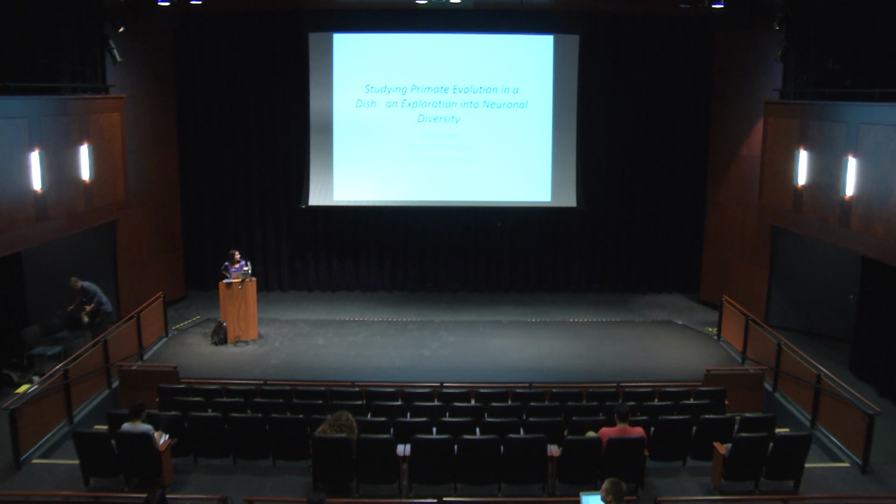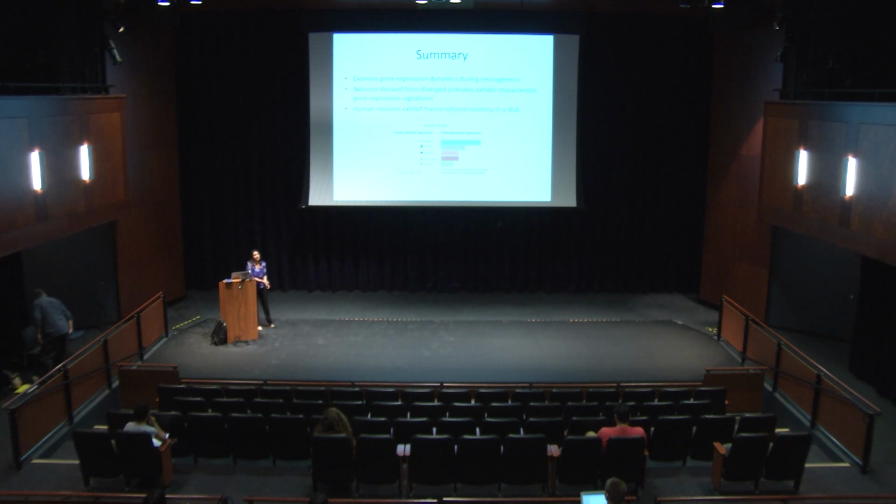The title of my talk is Studying Primate Evolution in a Dish, an Exploration into Neuronal Diversity. So to give you a little background on what I'm going to talk about, I'm going to talk about neuroscience and gene expression, and basically how, when a neuron is first being formed in the developing embryo, gene expression patterns are beginning to define the neuronal subtype, or the type of neuron that's being developed.